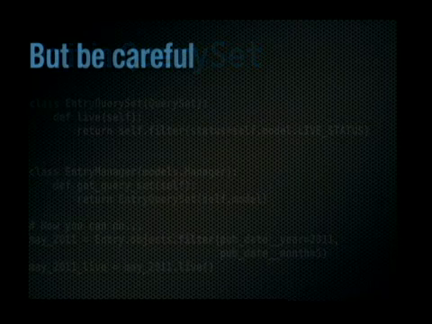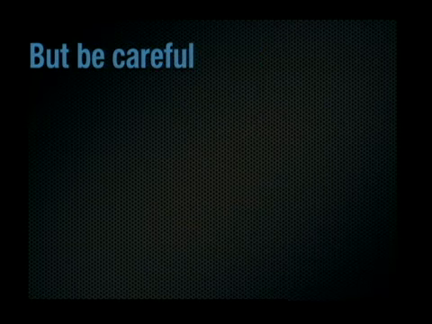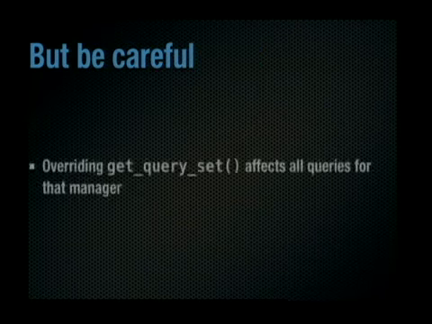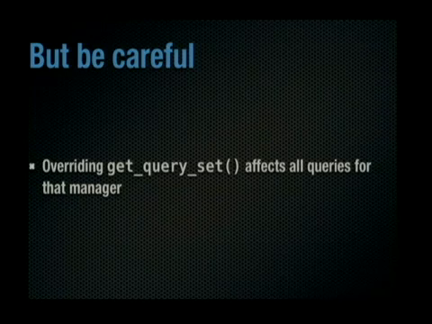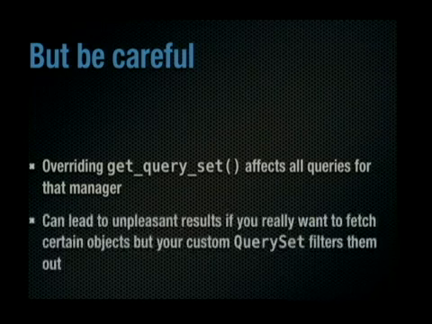So, one thing to be careful with, we did override get query set there. This affects every query for that manager, which can lead to some really, really unpleasant results. The worst case is once upon a time on my blog, I thought I was going to get really smart and write myself a little custom query set and custom manager and custom get query set method that, by default, would only give me live entries and would exclude any draft entries or anything I'd hidden.